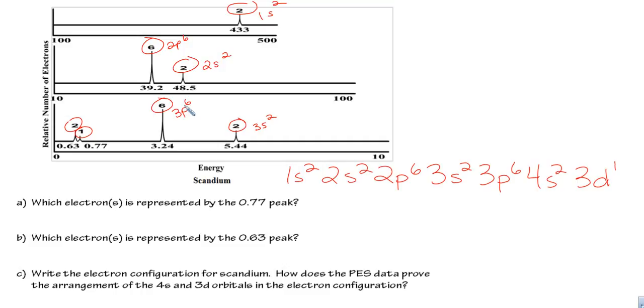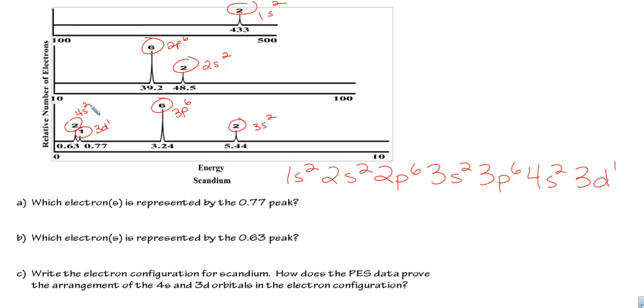But now look what happens to the 3d1. So this must be the 3d1. And then this must be the 4s2. Okay, and I can predict that by looking at the number of electrons in the orbitals.